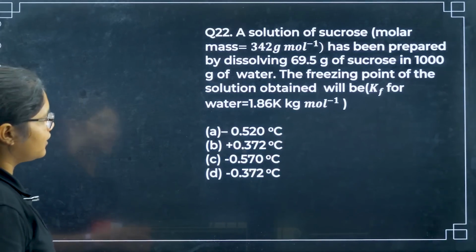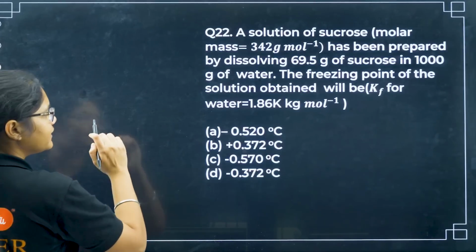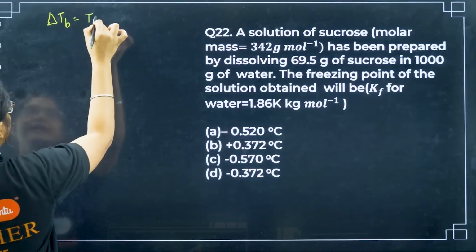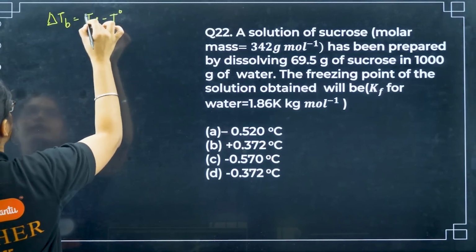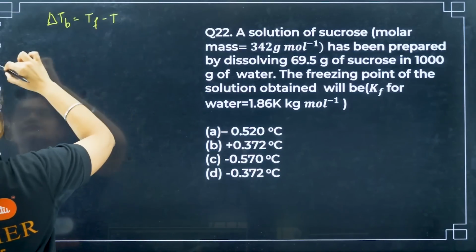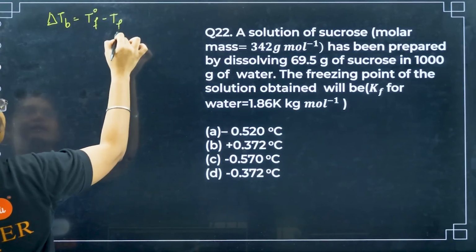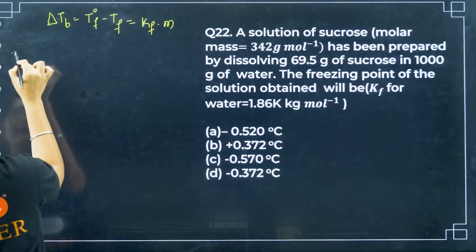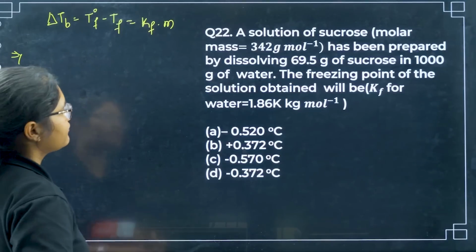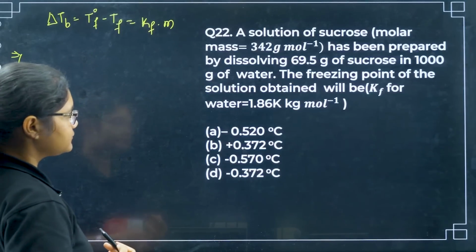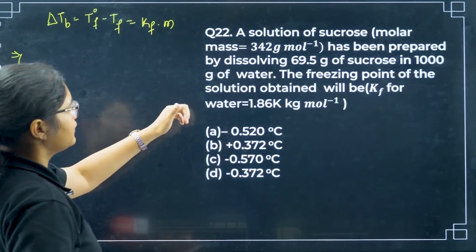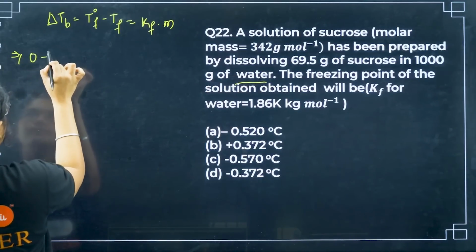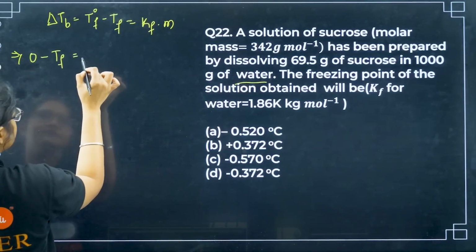So first what we can do, we have here delta Tf, which is equal to T naught f minus Tf, is equal to Kf into m. So here T naught f is very obvious for water, 0, minus Tf, I have to calculate this one.